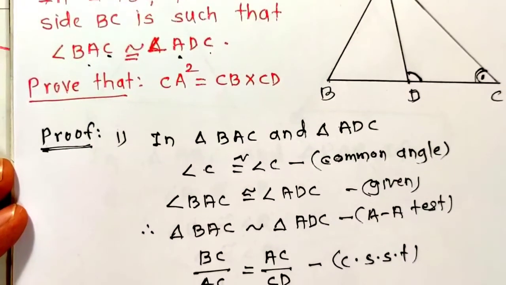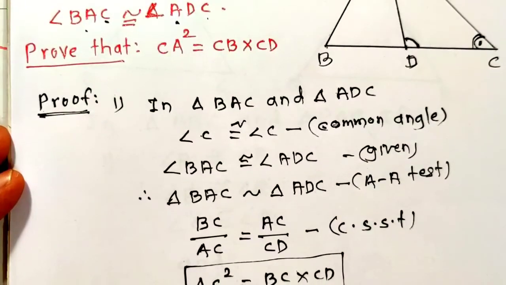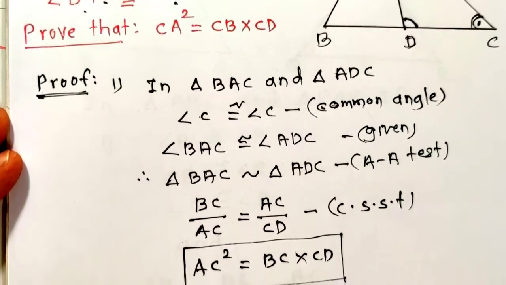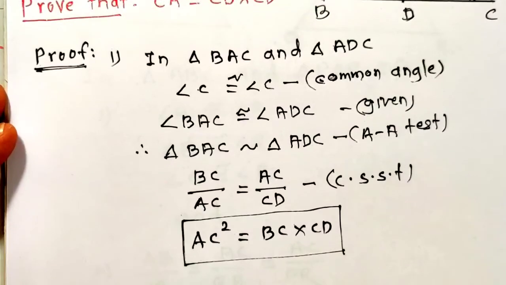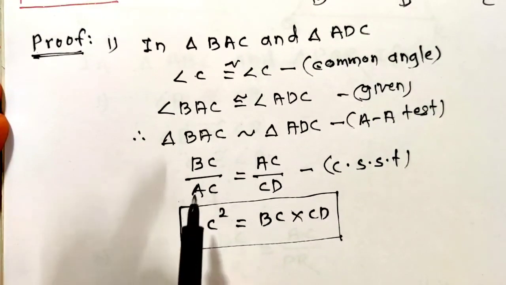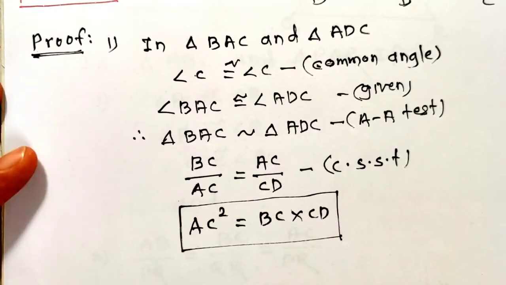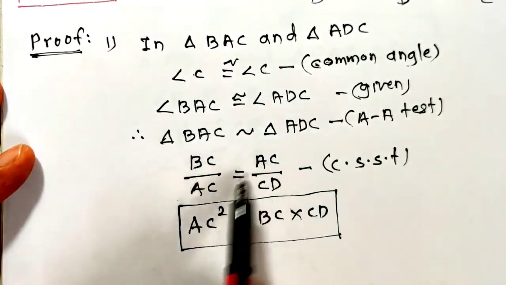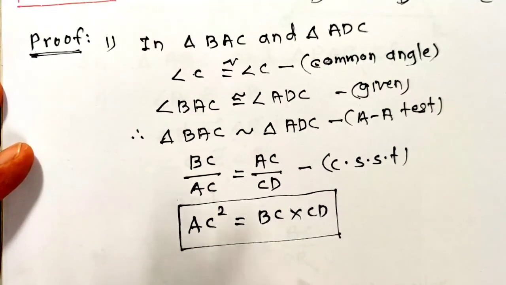So one pair of corresponding angles, BAC and ADC, is given. Therefore these two triangles become similar by AA test, and when two triangles are similar, their corresponding sides are in proportion. Only two pairs of corresponding sides we have to write here, and then by cross multiplication we get this result.